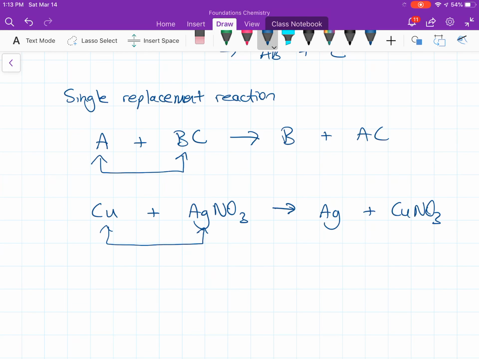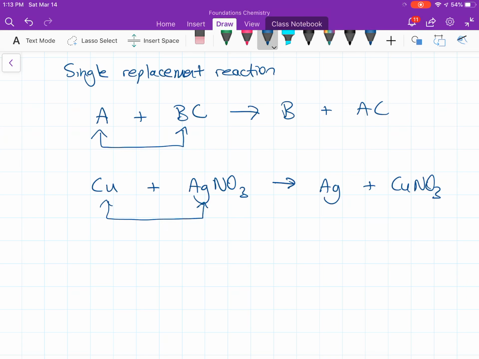Another single replacement reaction we did was a series of single replacement reactions. Remember, we had the blue liquid that everyone always wants to refer to as blue Gatorade, copper sulfate. And we had the copper sulfate, aqueous solution. And then we had a series of metals.